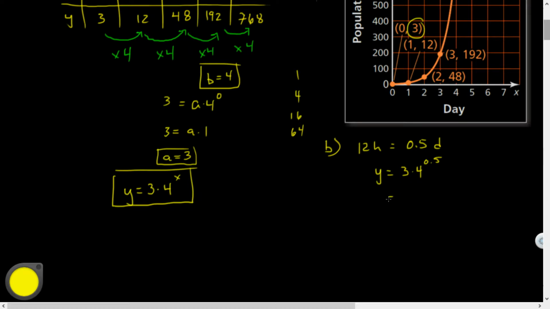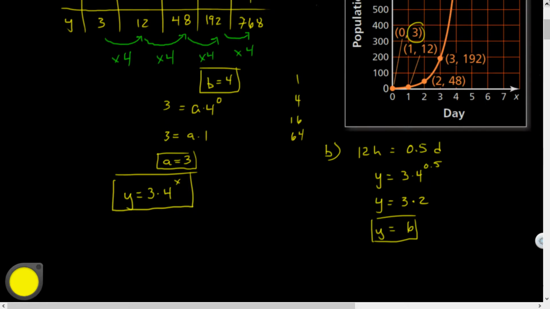But it turns out that 4 to the 1/2 power is 2. Is a weird thing. And don't just assume that means 4 divided by 2, because that's actually not exactly what's happening there. But y equals 3 times 2 is 6. So that means after 12 hours, the population of the bacteria is 6.